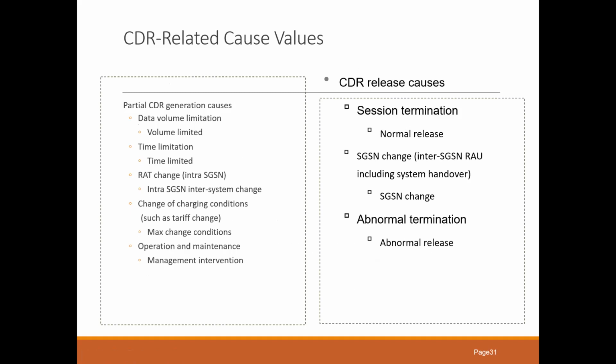Okay, so partial CDR generation: data volume limited, based on time limitation, based on your RAT change, based on your tariff change, already discussed in maintenance intervention. And your release cause is normal release. If you have an SGSN change, when you move from one SGSN to the other one, your CDR needs to be closed and a new CDR needs to be opened. And if there is an abnormal release.